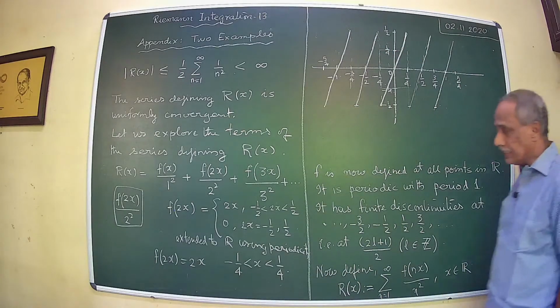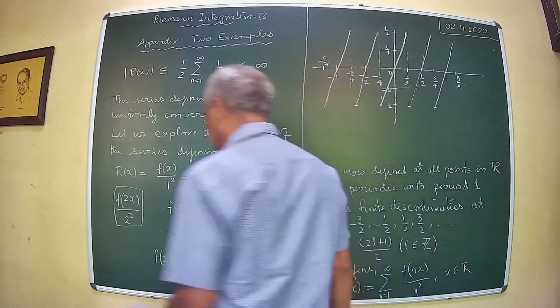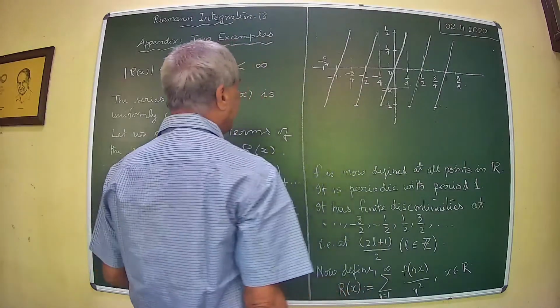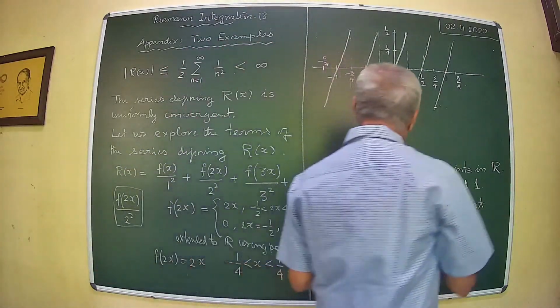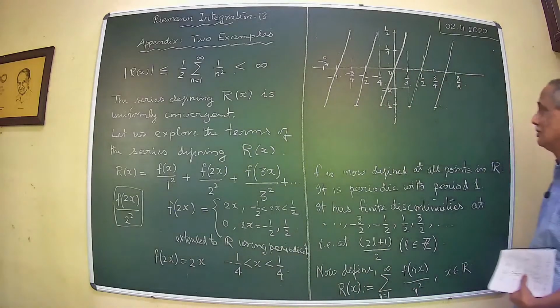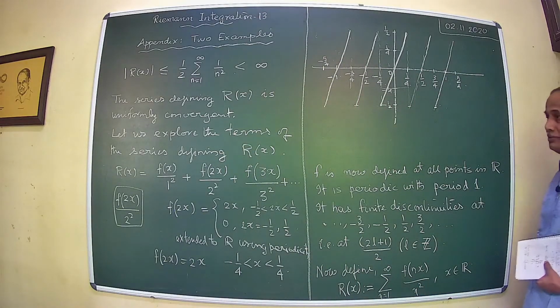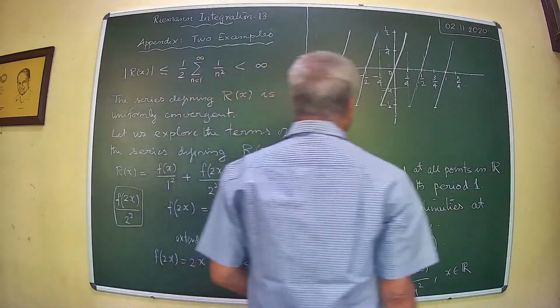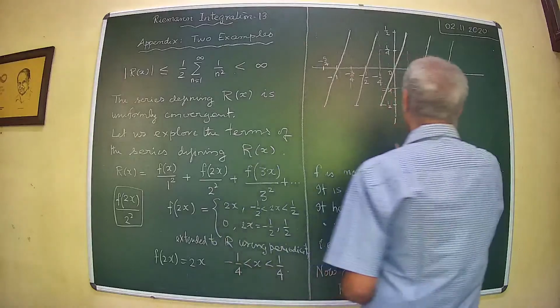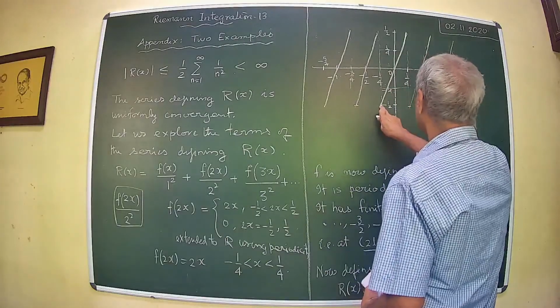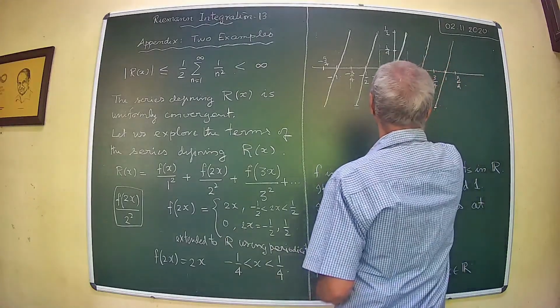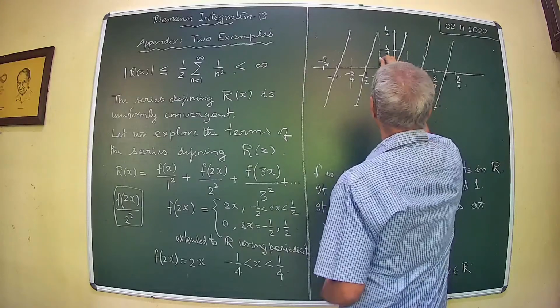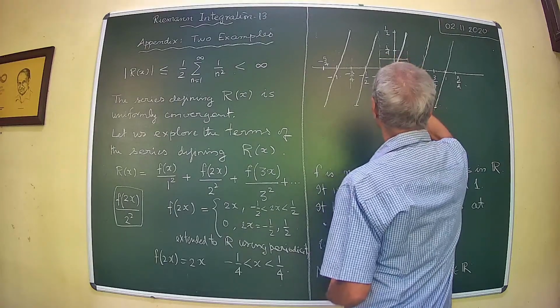But the second term is essentially f of 2x by 2 squared. So what you have to do? You have to scale it down by a factor of 1 by 4. So if you scale this down, it will go up to 1 by 8. So the function will be bounded within this.